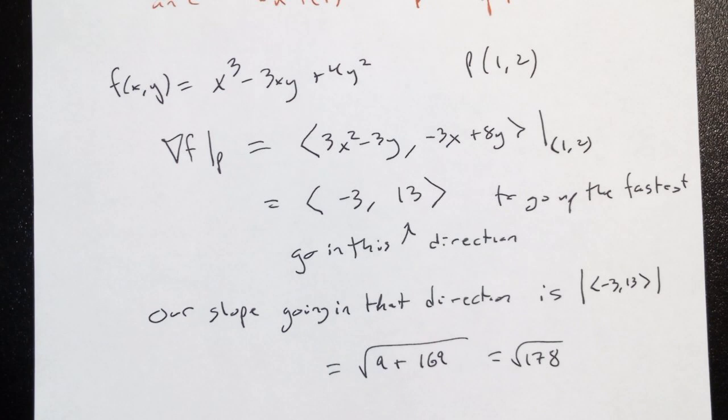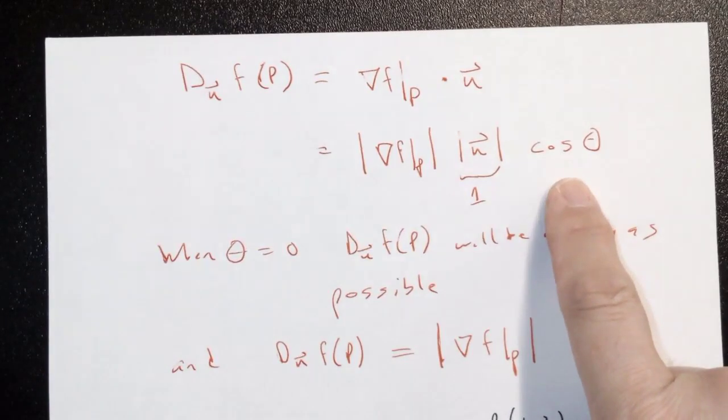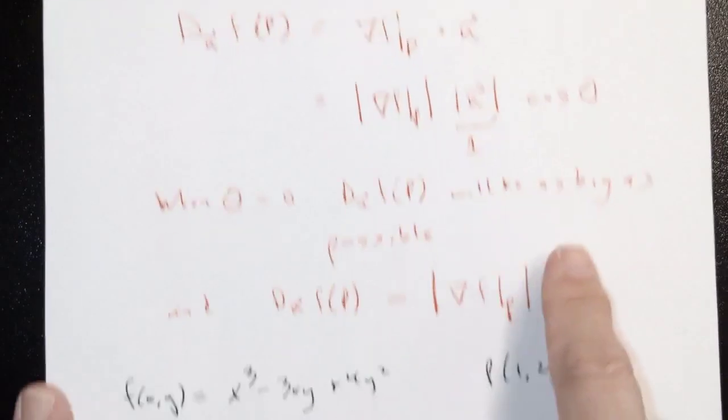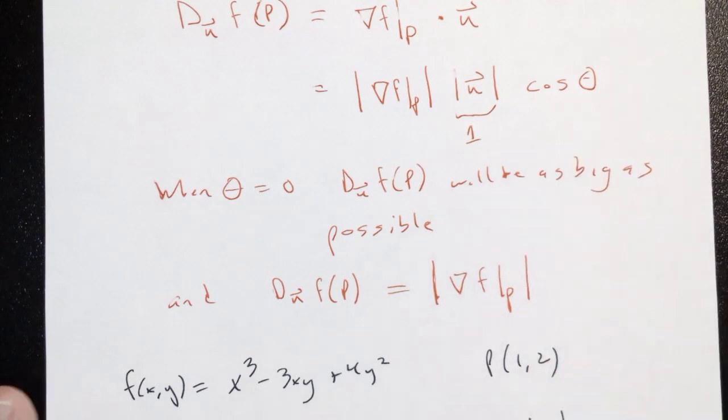Wait a minute. If that's the direction I go up fastest, what's the direction I go down fastest? When is this as small as it can be? No, that's when it's as big as it can be. The angle is 0, it's as big as it can be. Cosine of theta will be 1.